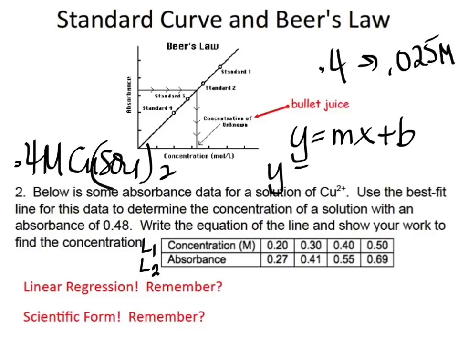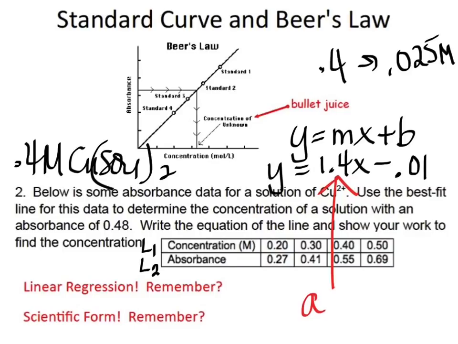So y is equal to, what did you guys get for your A? 1.4. And x and b is negative 0.1? Oh, 1. 0, 1. Okay. 1.4 is our A. That's our little a.